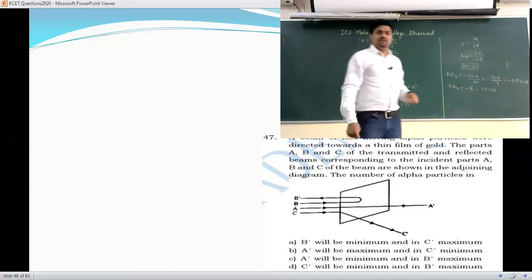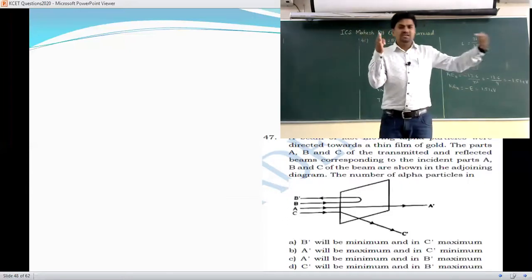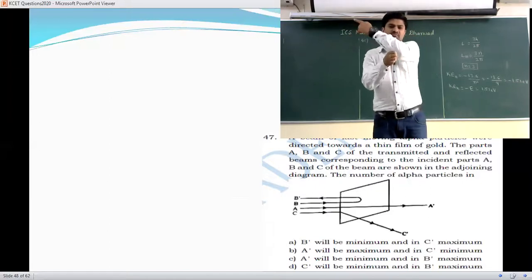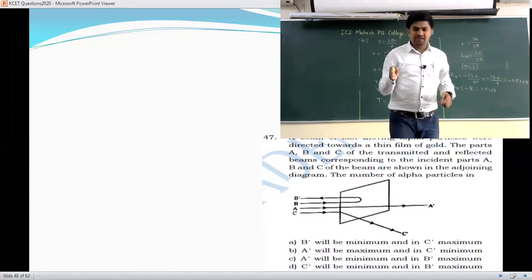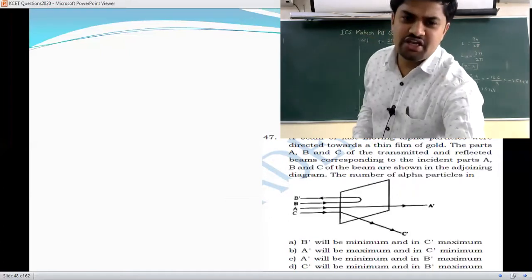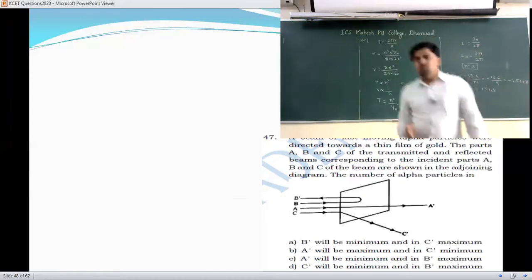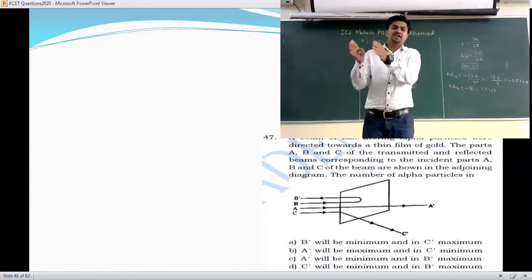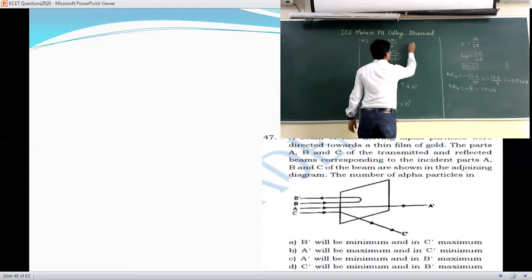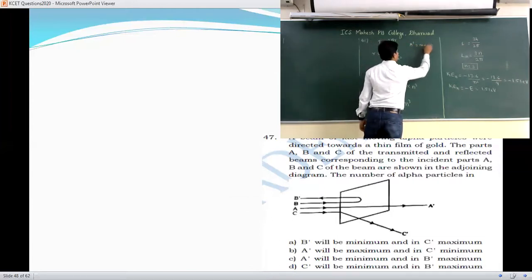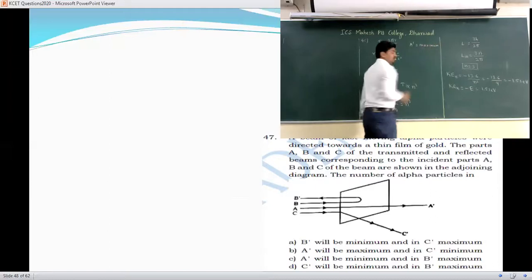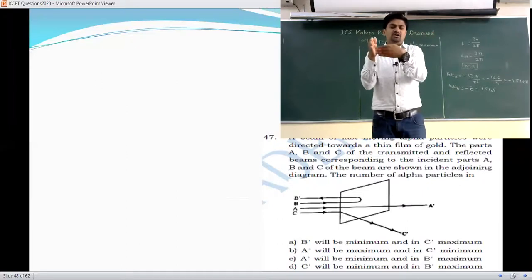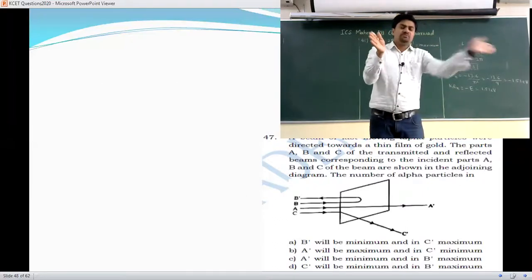When you observe A, it is going without deviating. So in A to A dash, the number of alpha particles in A and A dash is the same. So I can say that alpha particles at A dash are maximum. Now B and B dash, from B it is colliding with the gold plate, so it is diverting back, means it is reflecting back.